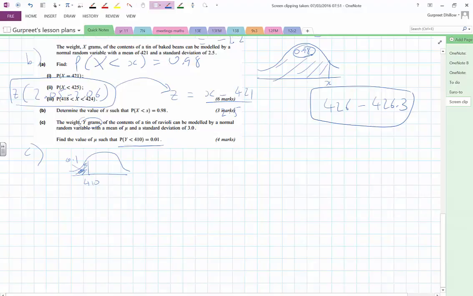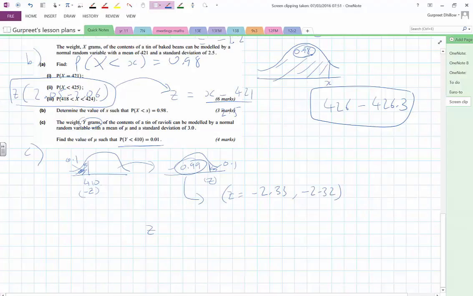Now, that's less than the mean, so the z value that goes with 410 is negative, so let's look at the opposite. There's going to be a negative z value there. The positive version of that z value would have 0.1 over here and 0.99 over here. So we look up 0.99, and again, they give you marks for picking any z value between minus 2.33 to minus 2.32.